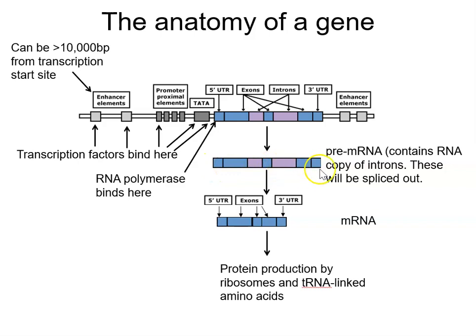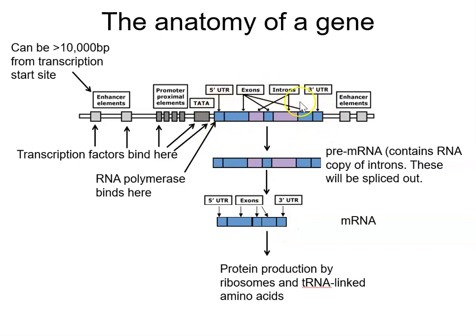So this is a direct RNA copy of the gene from the transcription start site, which is where RNA polymerase binds, all the way through to the end of the gene. That will contain a 5' untranslated region, a 3' untranslated region, and exons and introns. So the introns are spliced out and those exons are shunted together to create what we call an open reading frame that goes from here to here, and that codes your protein.